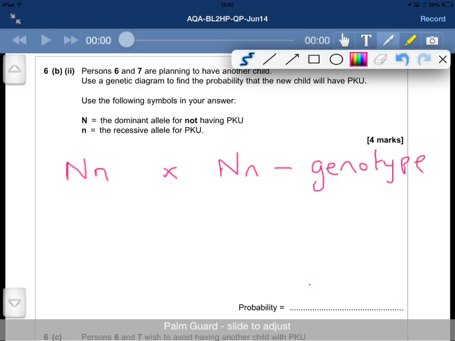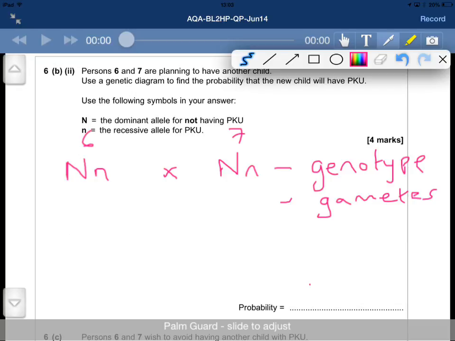Okay, and the genotype is the versions of the two alleles that the gene has. So here, the genotype of number 6 is big N, small n, and the genotype of number 7 is big N, small n. Now, this is the way that we need to do diagrams from now on. Okay, we have to then do a new line, and we write gametes. And these are the options that each parent could donate to a child.